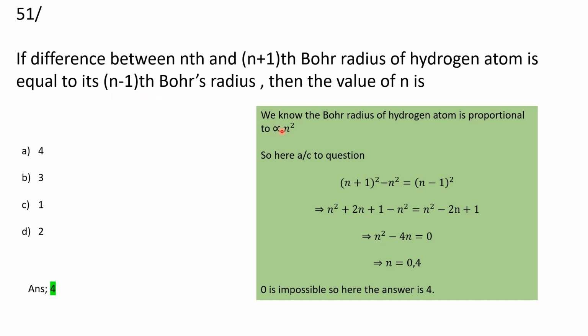So here we can take it as (n plus 1) whole square minus n square is equal to (n minus 1) whole square, because we know that the radius is proportional to n square. From here we can find that the n value will be equal to 0 or 4, where 0 is not possible. So the final result is 4. So option A, that is 4, is the answer.